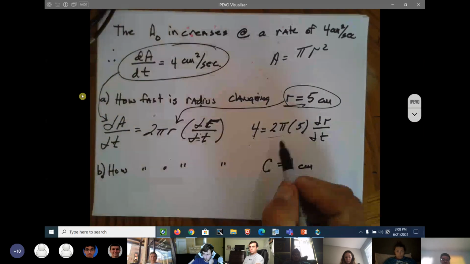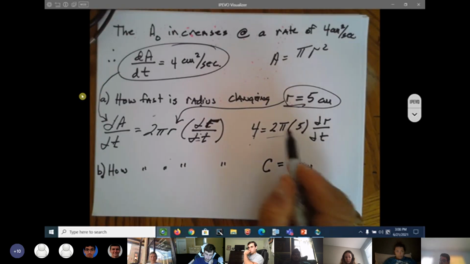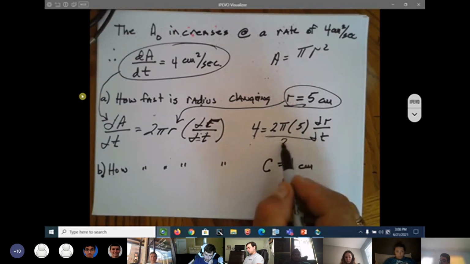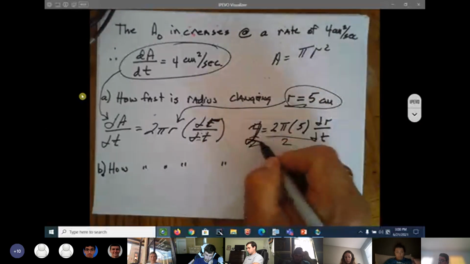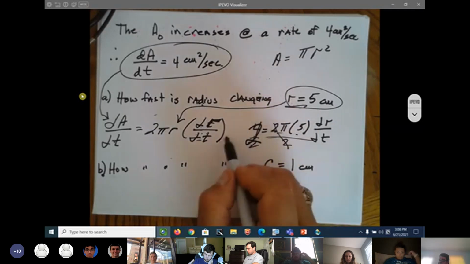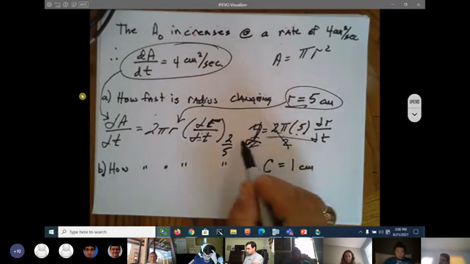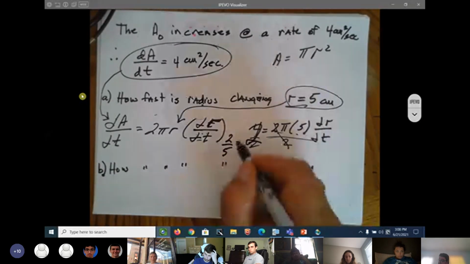So go ahead and solve that. And divide by 2. And that's going to be 2 is equal to pi. So 2/5 is equal to pi. Divide by pi, multiply by 1 over pi.